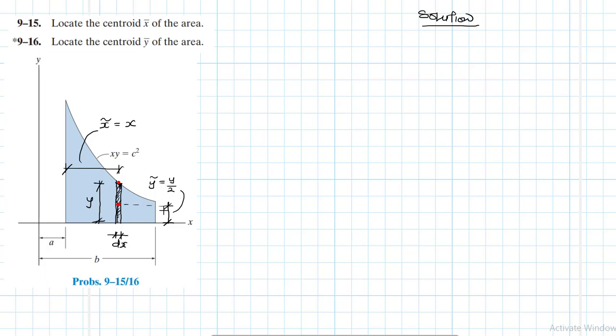Okay, have we defined everything? Yes, we have. What is remaining? This one here is from here, from there, like so. Sorry about that.